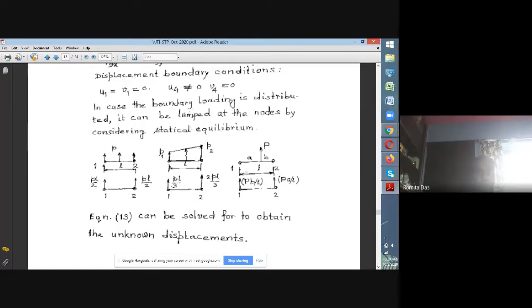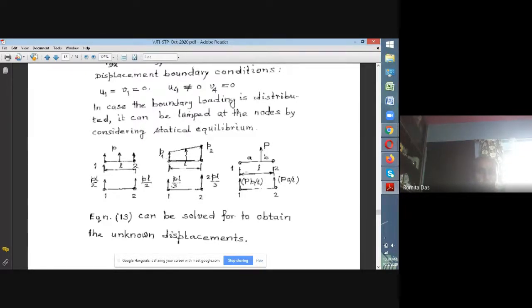So suppose in this case, you have load varying from left end to right end, which has two nodes, 1 and 2. You see here it is P1 intensity, here it is P2 intensity. It consists of a uniform distribution P1 and then another linear distribution 0 to P2 minus P1 on the right end. So therefore we can again lump up the uniformly distributed load P1L.